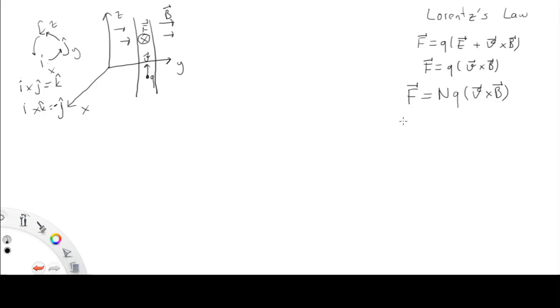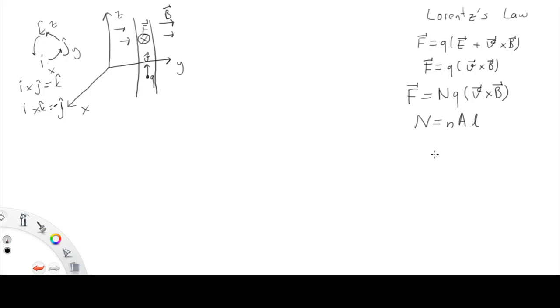But let's discuss the total number of charged particles in the wire. We can expand this like this. The volumetric density of charge carrying particles times the cross section of the wire and the length of the wire.